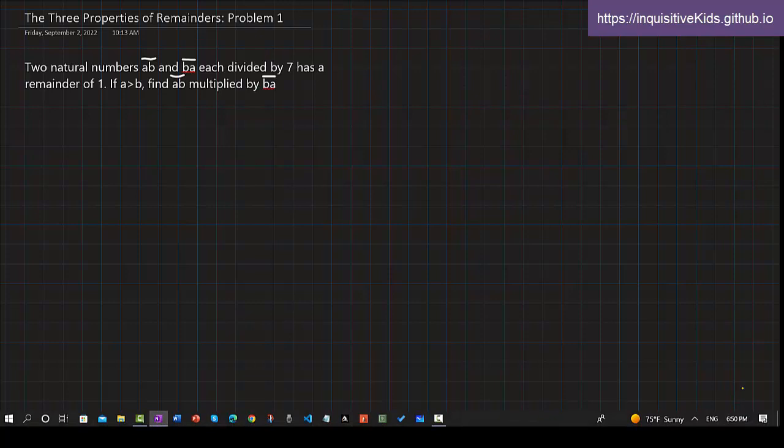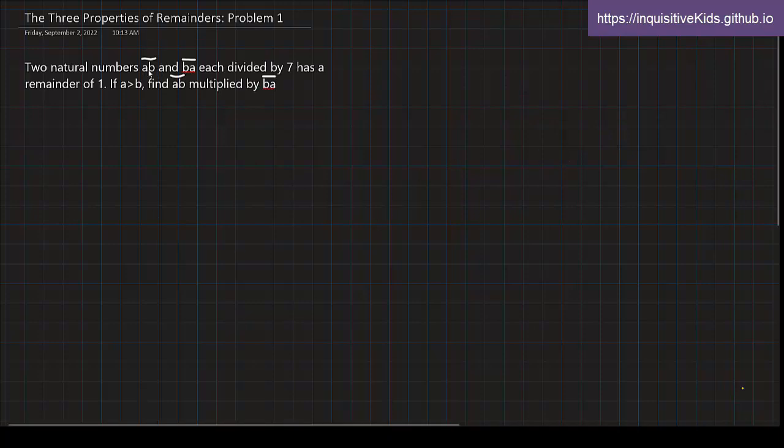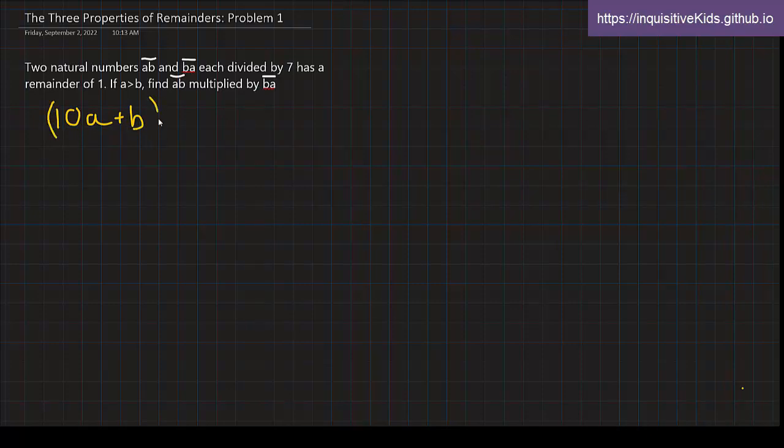If we're looking at these two numbers in this form that they're in right now, we don't really have much sense of their actual value. So in order to do that, we can turn, for example, this first number, AB, into 10A plus B. This way we can see their actual value. So 10A plus B, we know that when divided by 7, we have a remainder of 1.